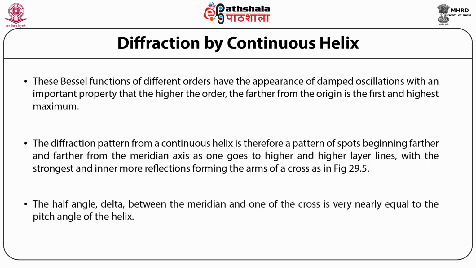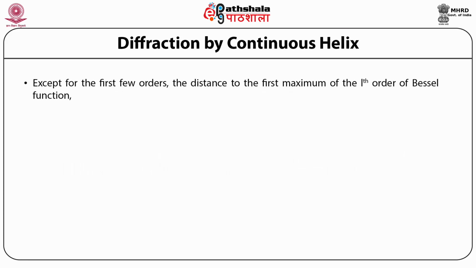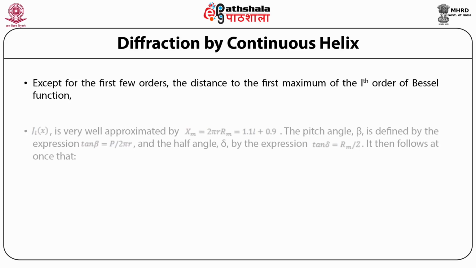The half angle delta between the meridian and one of the arms of the cross is very nearly equal to the pitch angle of the helix. Except for the first few orders, the distance to the first maximum of the lth order Bessel function, J_l of x, is very well approximated as x_m, which is equal to 2 pi r R_m, which is equal to 1.1 times l plus 0.9.